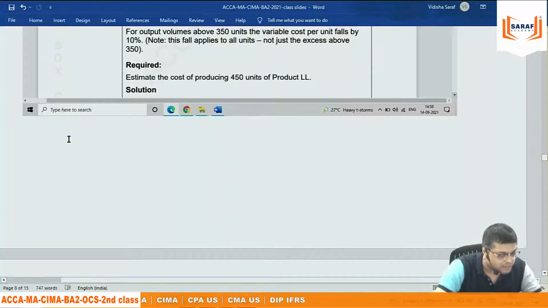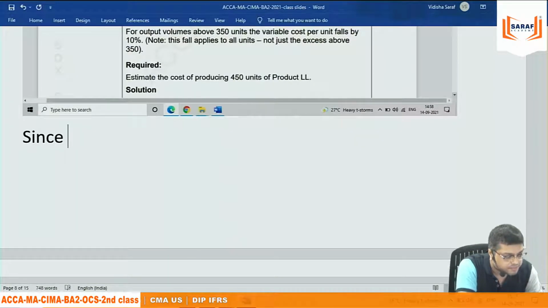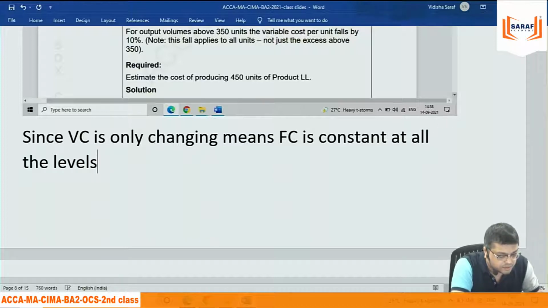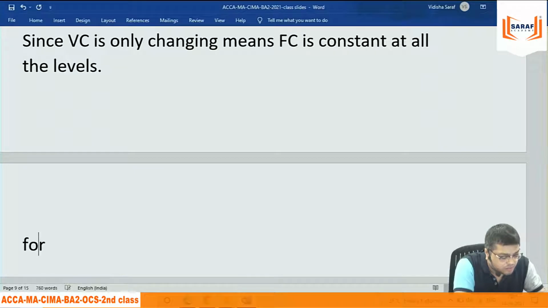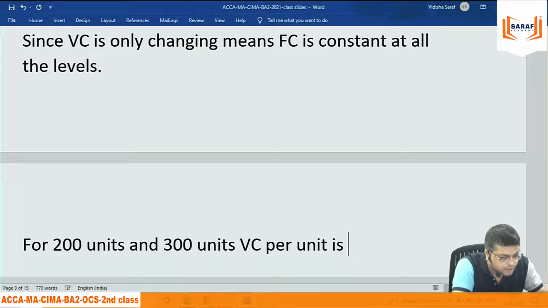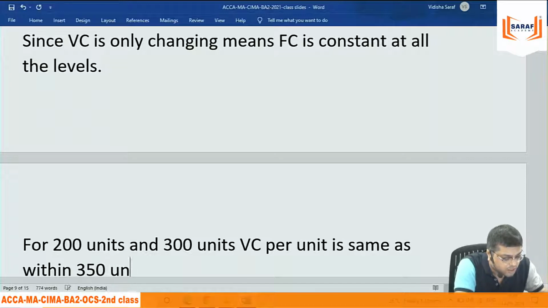Here too we will say that since variable cost is only changing, fixed cost is constant at all the levels. For 200 units and 300 units, variable cost per unit is the same as within 350 units.